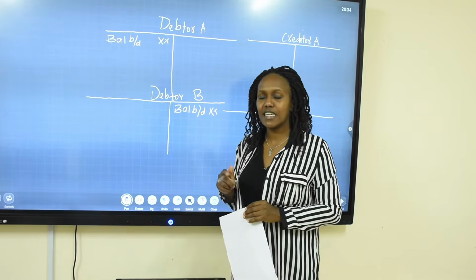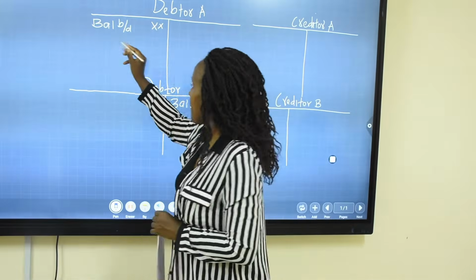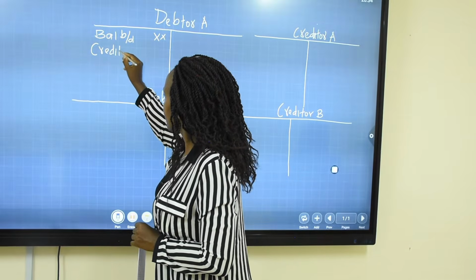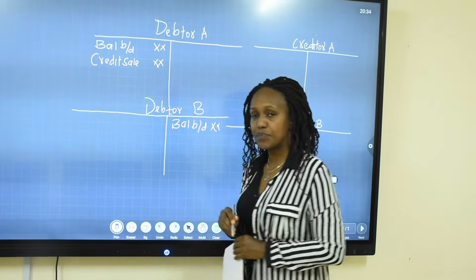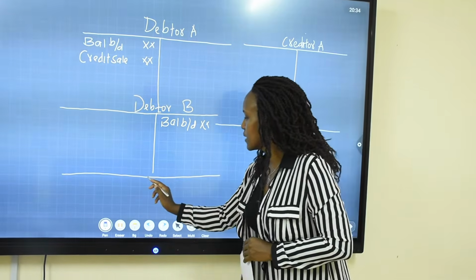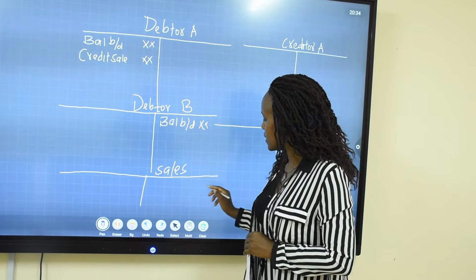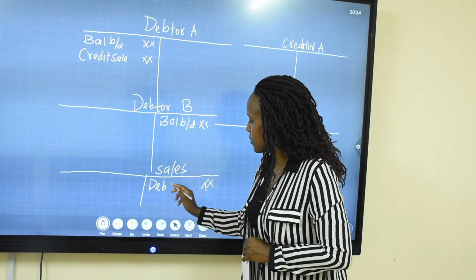We are going to debit the debtor and, as I've said, credit sales. This is the sales account. You are just putting it there to complete the double entry. And you are going to say it was debtor A.